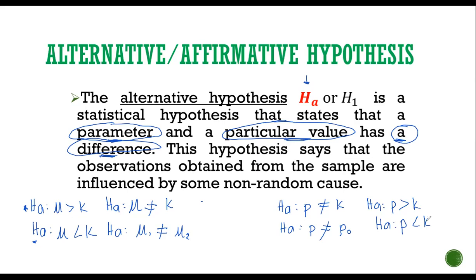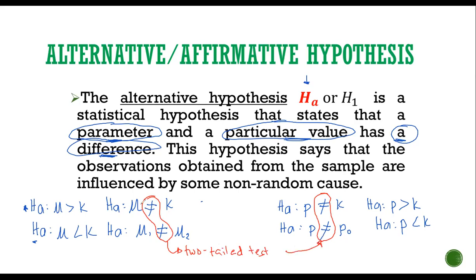Okay? And it doesn't end there. Okay? Please take note na kapag unequal yung alternative hypothesis mo, I'll use red na lang. So kapag unequal yung alternative hypothesis mo, we utilize your two-tailed test.